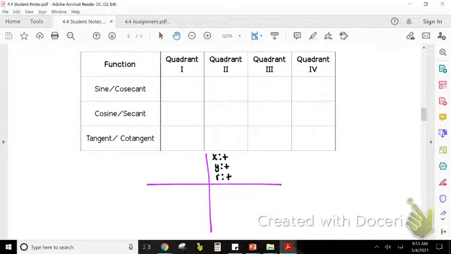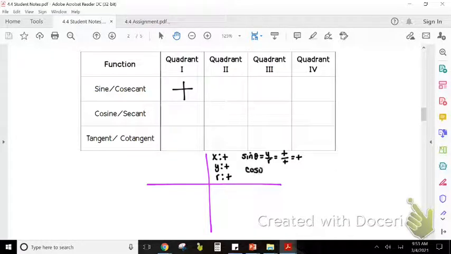Radius is a distance, so radius is always positive. Sine is y over r, and in quadrant 1, y is positive and r is positive, so sine is positive. So sine and its reciprocal cosecant are positive in quadrant 1.